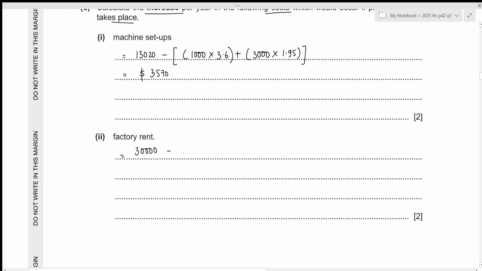We can just add the total number of units and multiply it by 6. So that will be 1000 for X plus 3000 for Y multiplied by 6. Now in this case, we will get the difference between the new total for the factory rent and the previous total for the factory rent to have the value of 6000. That is all for the third part of this question. Let's move towards the next one.